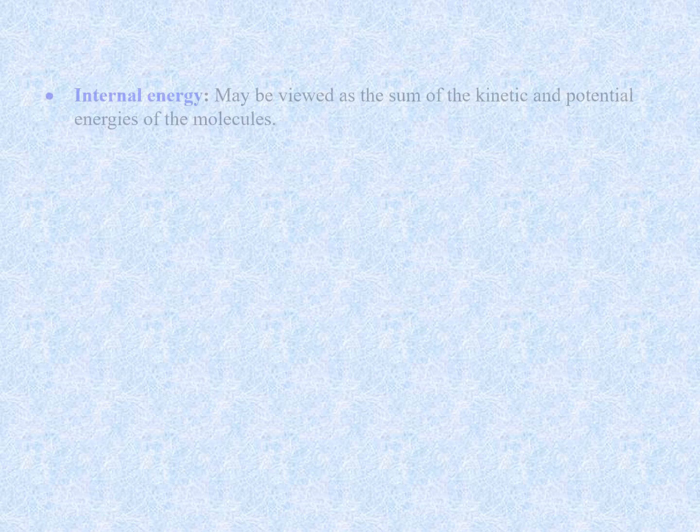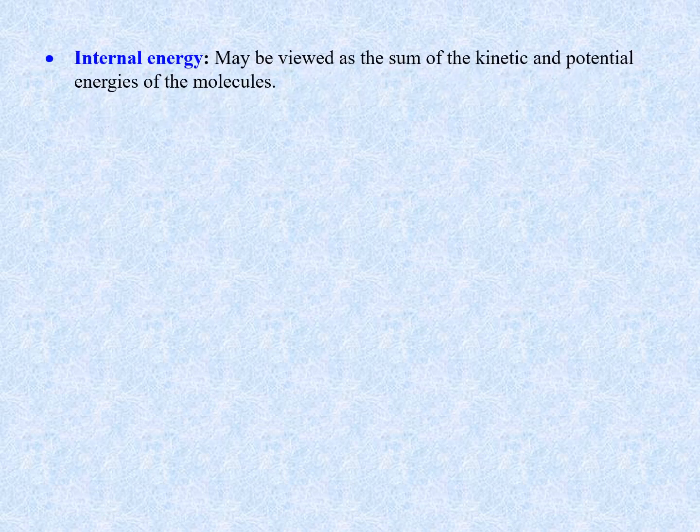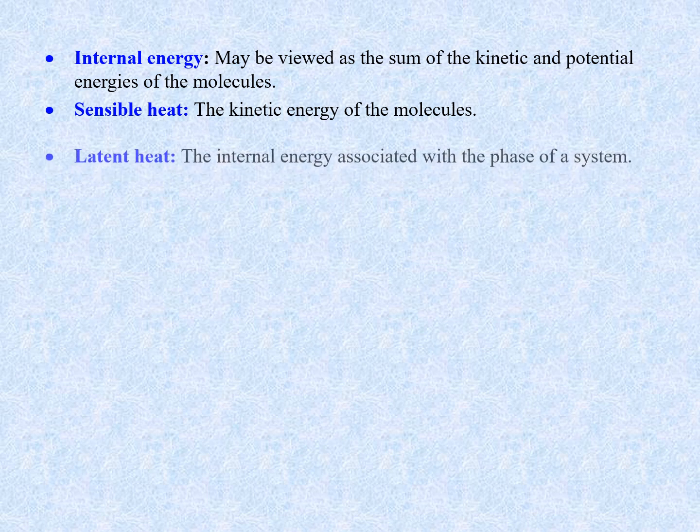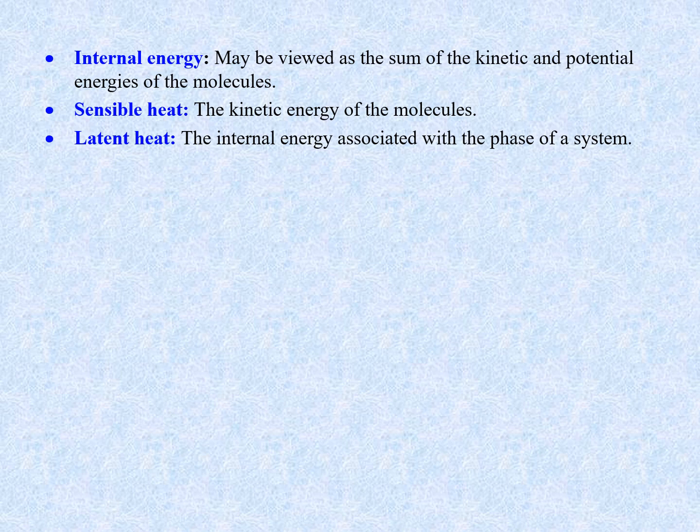Okay, we also need to know a few terminologies in energy, which is the internal energy, which comes from the kinetic and potential energy of the molecules. Sensible heat, which is the kinetic energy of the molecules that we can sense by our hand. Okay, so the temperature change and everything is the sensible heat. And then we have latent heat, which is the internal energy associated with the phase of the system.